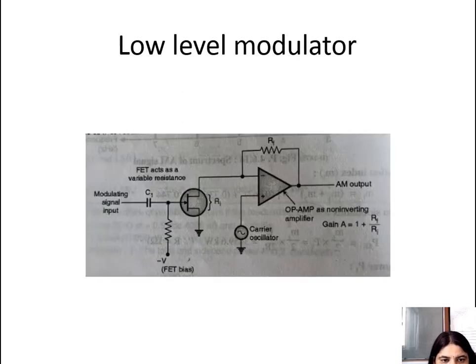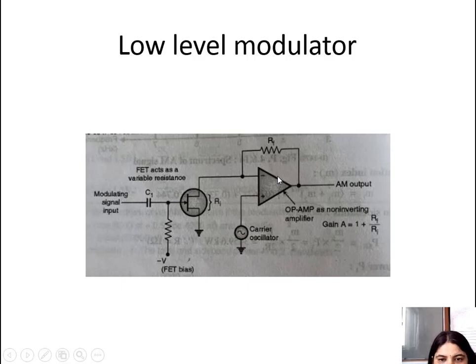This is the diagram of the low level modulator which uses a FET, field effect transistor, and an op-amp. Here the op-amp is connected as a non-inverting amplifier for the carrier signal, and the gain for this op-amp is 1 plus Rf upon Ri.